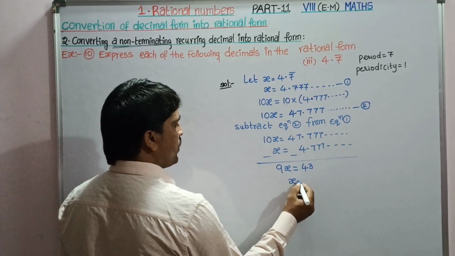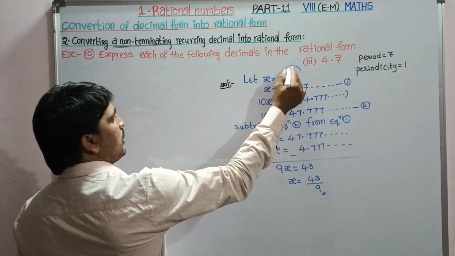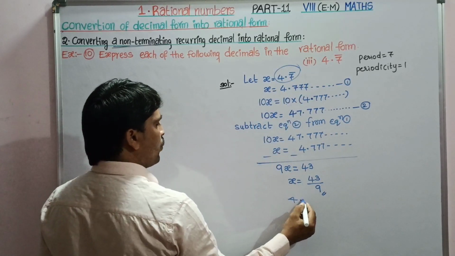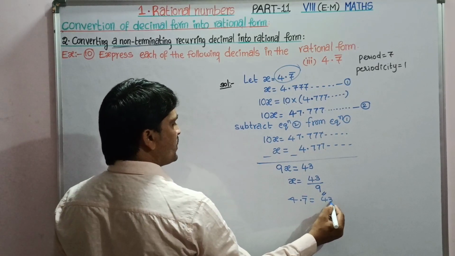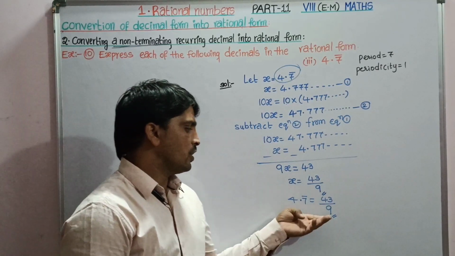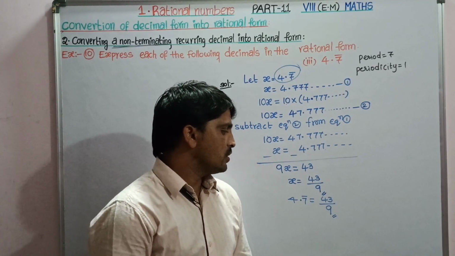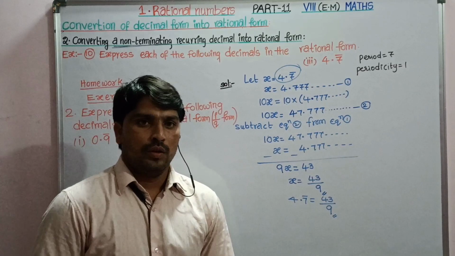So x equal to what? 43 by 9. What is x actually? 4.7 bar. 4.7 bar equals 43 by 9. This is the rational form of the non-terminating recurring decimal 4.7 bar, which is equal to 43 by 9.